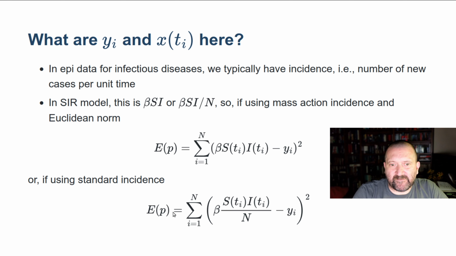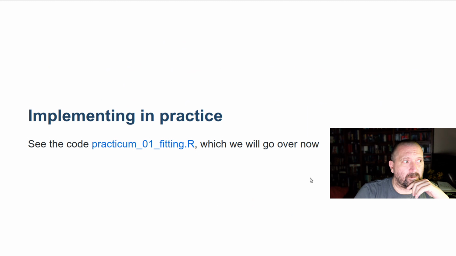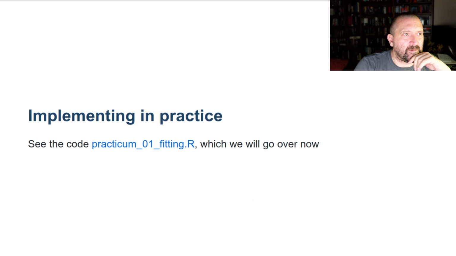And if I have standard incidence, I'm minimizing this function here. So this is going to be evaluated from the solution, and this is going to be evaluated where this is the data. Okay. So let me now switch to an R session.